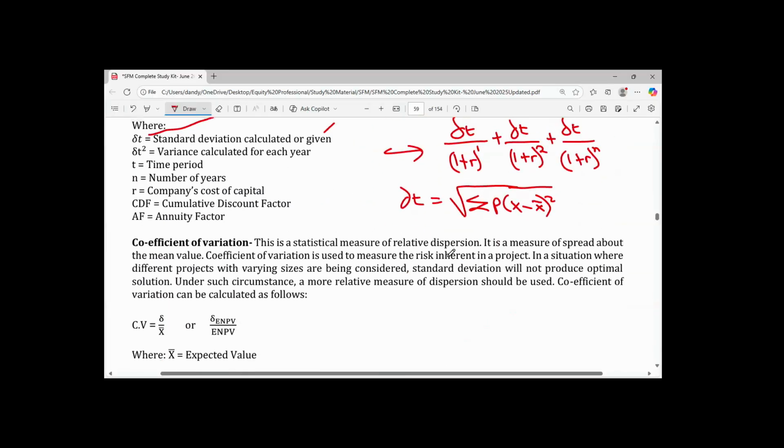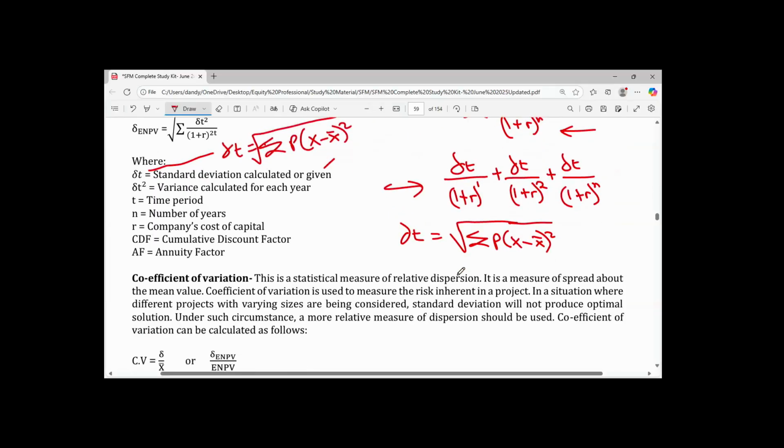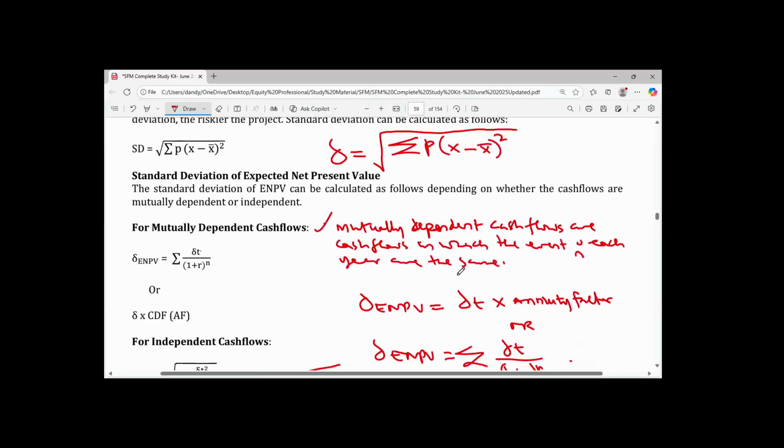I've already shown you the formula. This is the formula here: dt is equal to the square root of summation of p times (x minus x bar) squared. So that's the dt. Then dt squared is the variance.